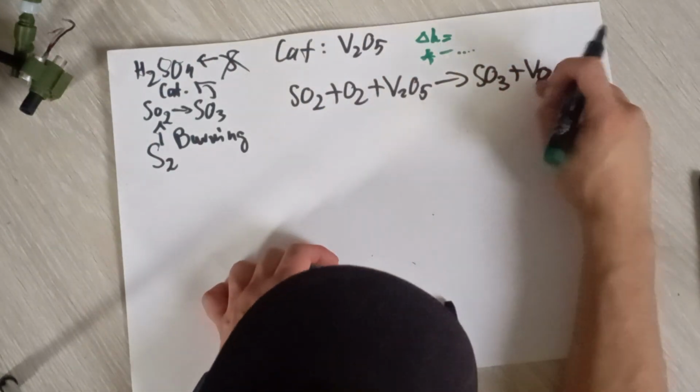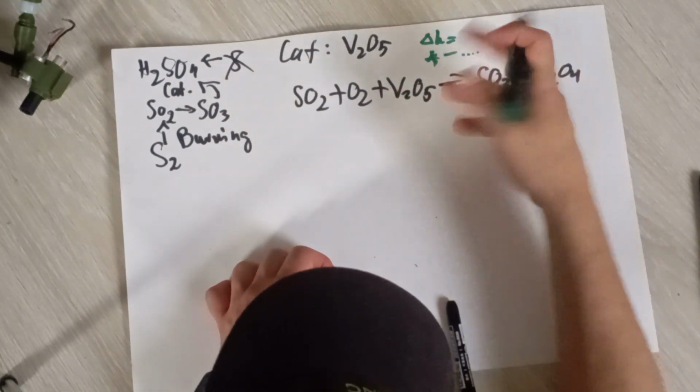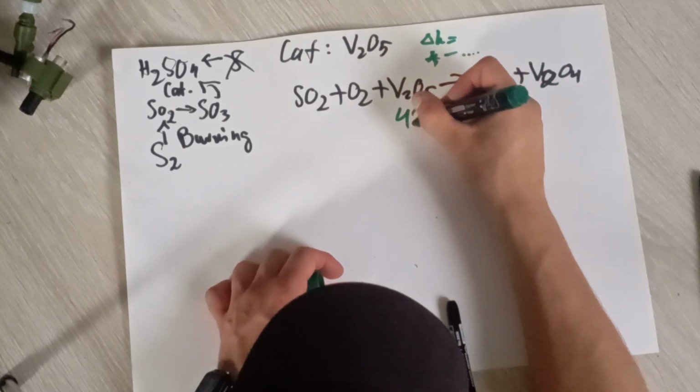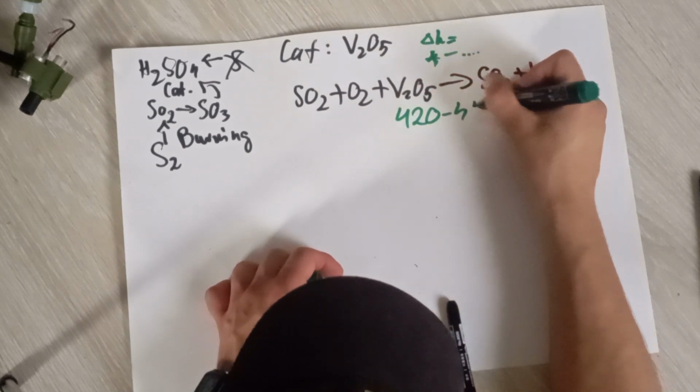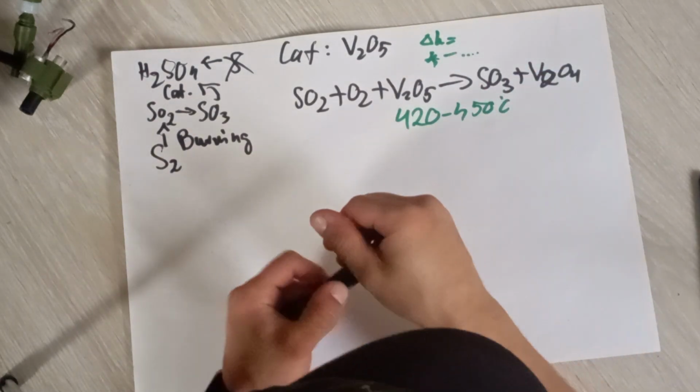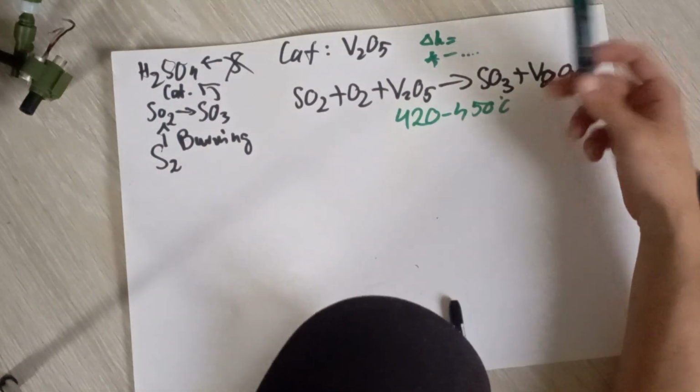This is not exactly the format, so the molar ratios are not perfect, but this is basically it. So 420 to 450 is the optimal range. This is an exothermic reaction.